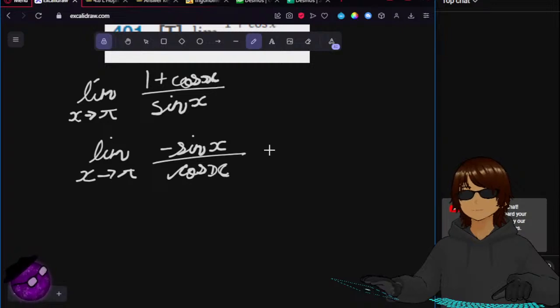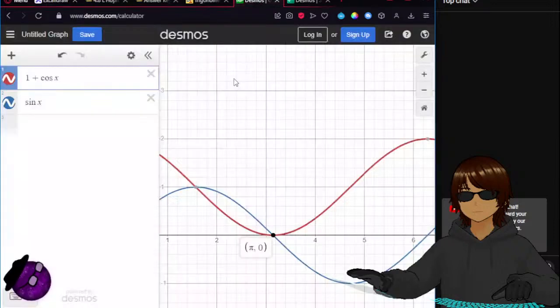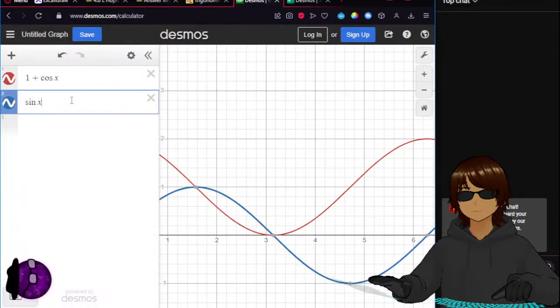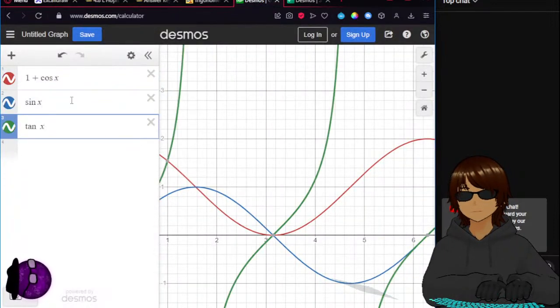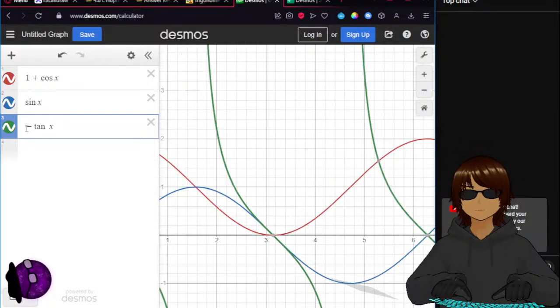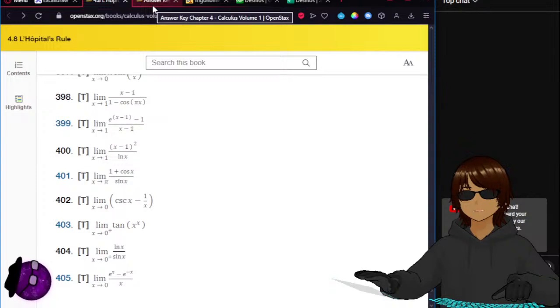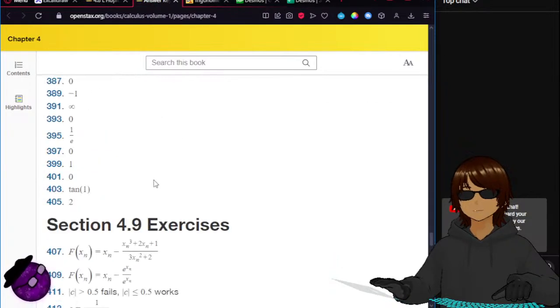This is negative tan x. Which would be 0, right? So this is 0. This is what? 401? Yeah, 0.